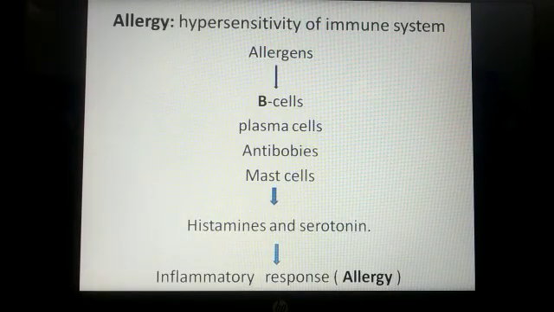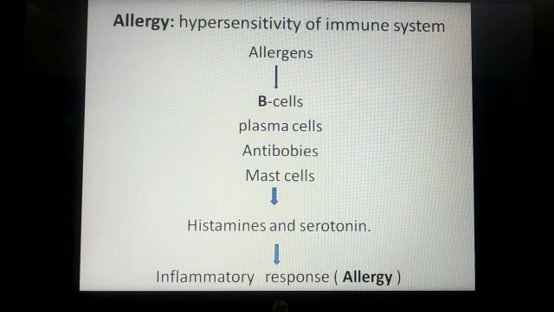Let us understand allergy. Allergy is caused because of so many reasons. Some are hypersensitive to pollen dust, some are hypersensitive to some type of food. We call it allergy. Allergy is a hypersensitivity of the immune system.